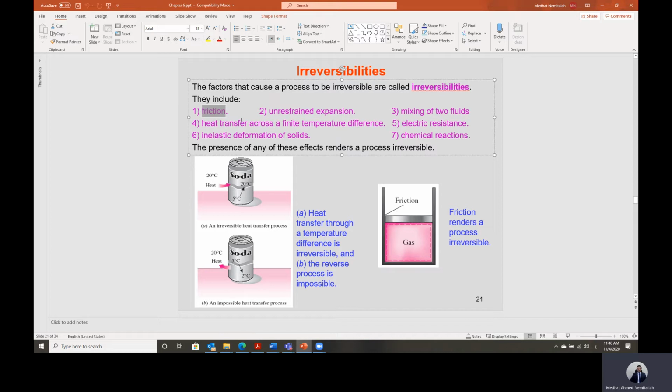So to have a reversible heat addition process, this process should be done under constant temperature, because whenever we have a temperature difference, the process cannot be reversed. So the only way to have a reversible heat addition process is through a constant temperature heat addition.